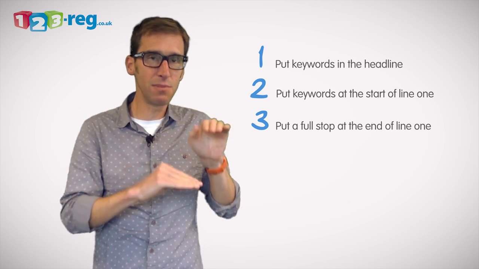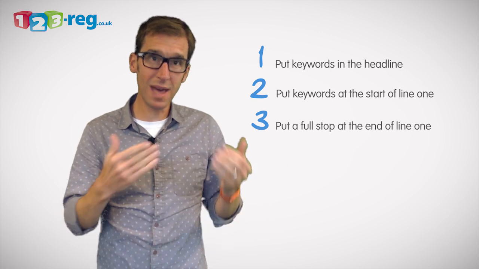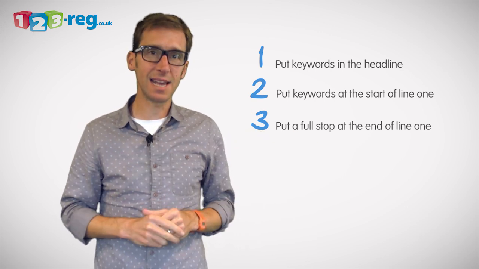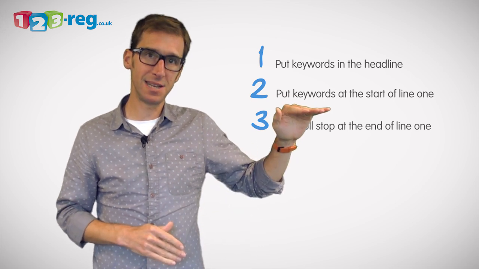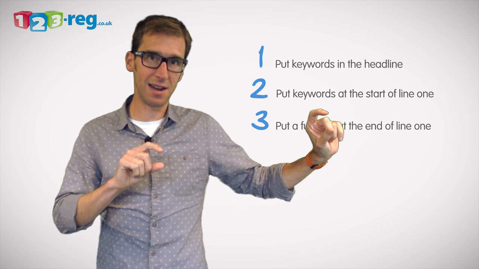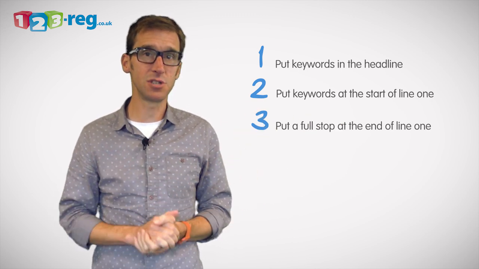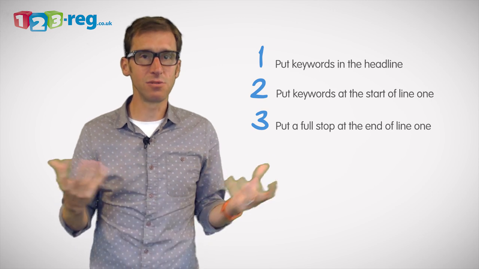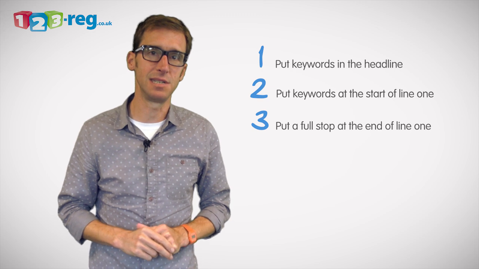And if Google can move them around, it can find where they work best and where they are most likely to get clicks, and often that means moving that line 1 up beside the headline to make a really long headline, and those get lots of clicks. And if you use a full stop or an exclamation mark, you're telling Google that these lines, line 1 and line 2, can be separated.